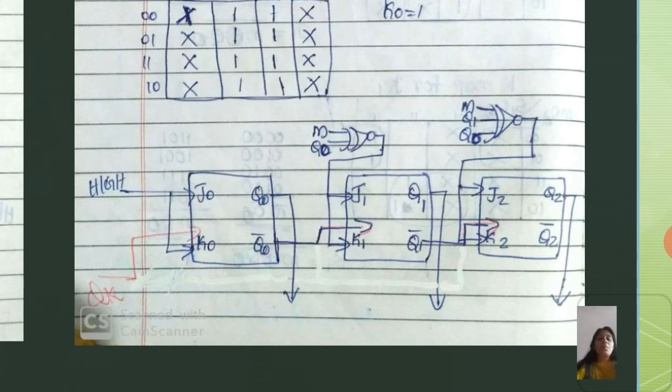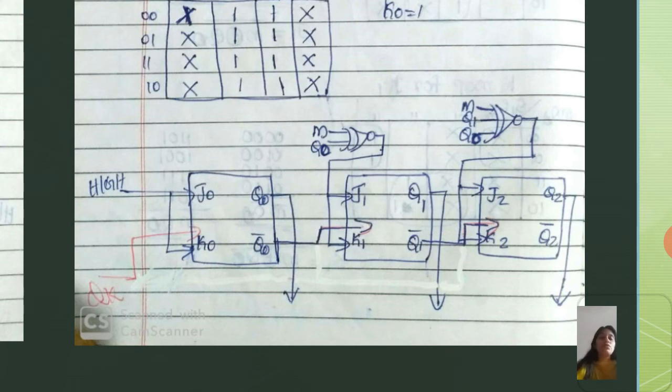You can see the value of Q0 bar is moved to the second flip-flop as a clock value, and you can see Q1 bar is moved as a clock for the third flip-flop. Okay, you are getting Q0 as the first flip-flop result, which is taken as output.